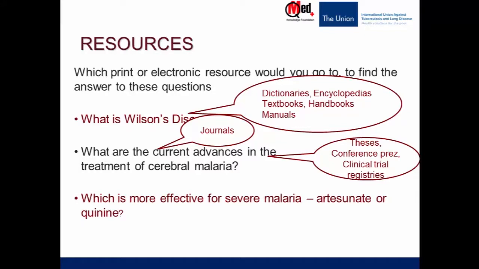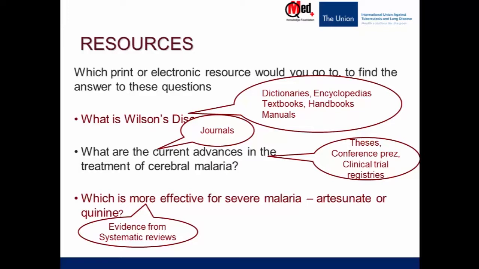The last question, which was a decision making question, we have three different kinds of resources for updating ourselves on a focused question like this. The first is systematic reviews. Systematic reviews give us factual evidence, whether for a question like this, whether artesunate is better or quinine is better, or both are equally effective, or we still don't have a clear answer.